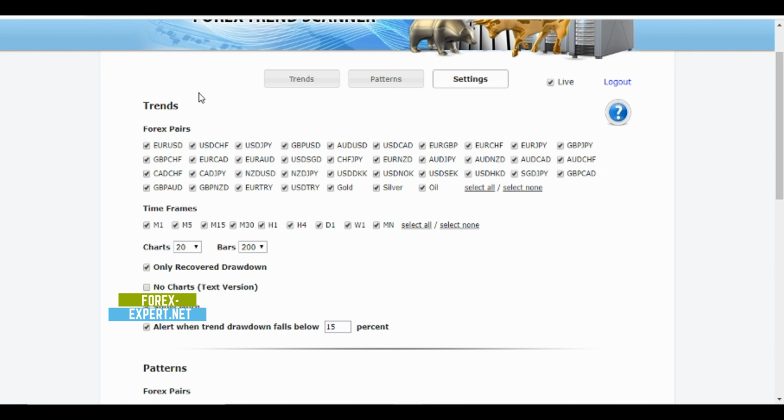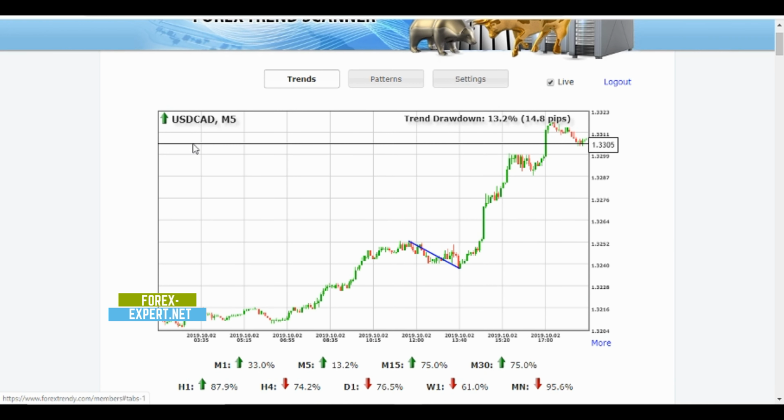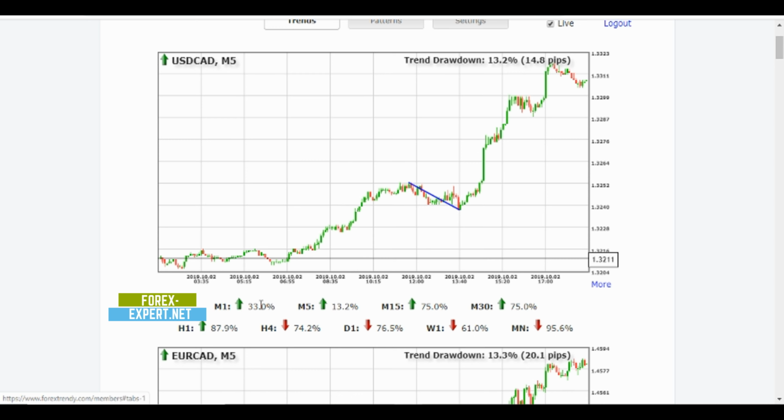So if you click here on trends, you will find the best trending pairs or commodities with the drawdown below 14%. For example, we have a drawdown of 13.2%, and all the drawdowns and uptrends or downtrends on the higher time frames.